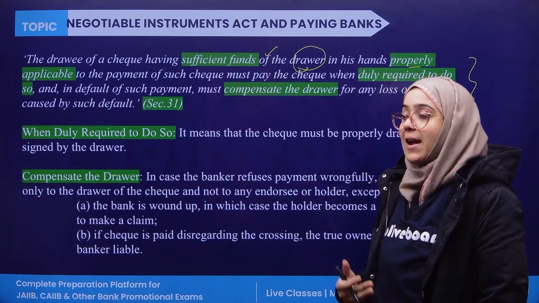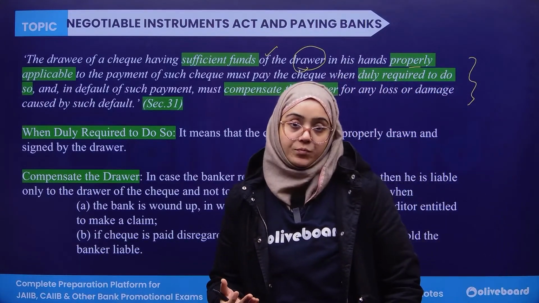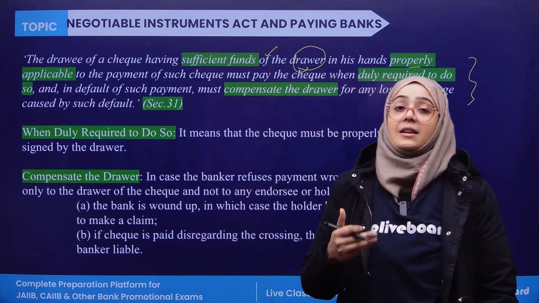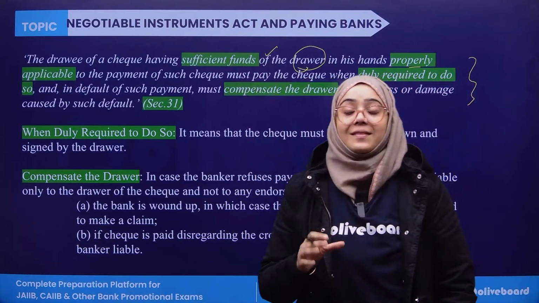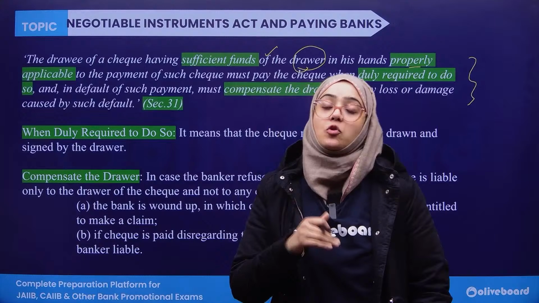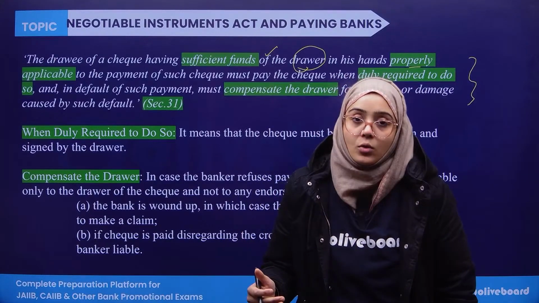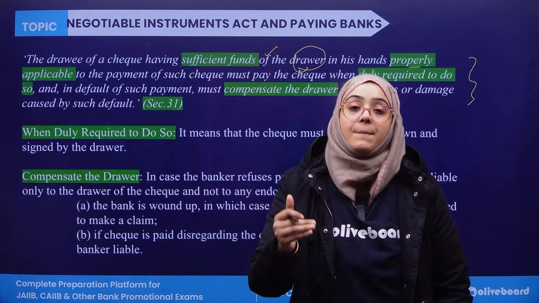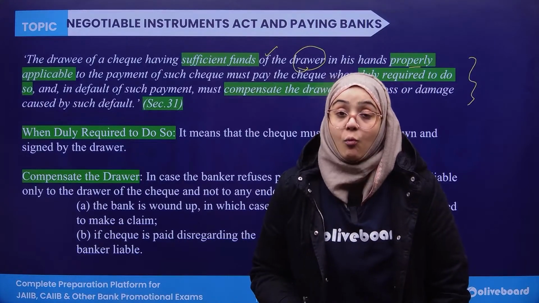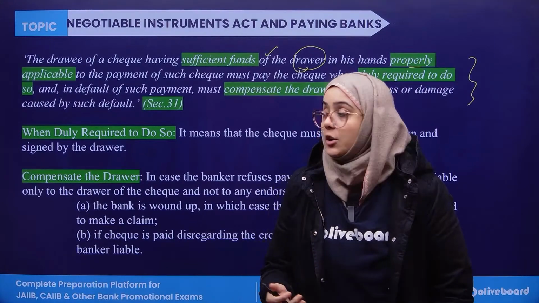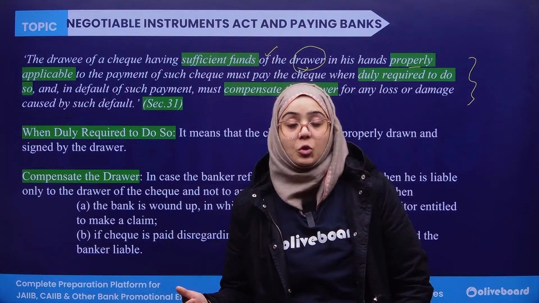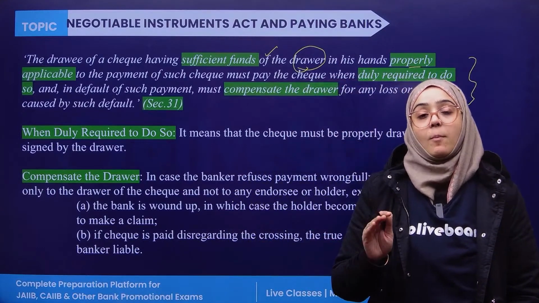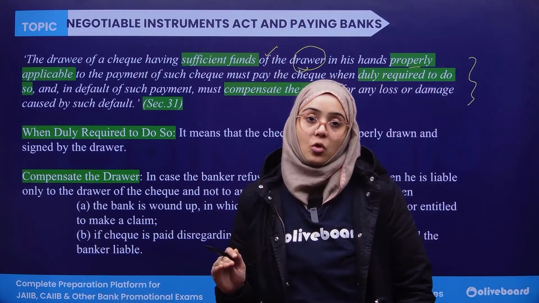First of all, when the drawer is making the check, it is necessary that the drawee should have sufficient balance of the drawer in his or her account so that the bank can make payment of that check when it is required to do so. Required to do so means when the check is properly drawn and signed by the drawer.